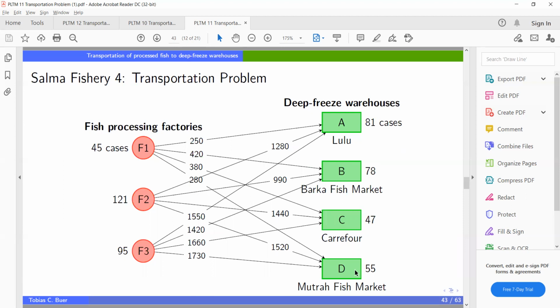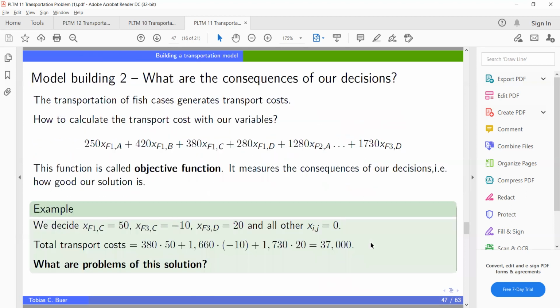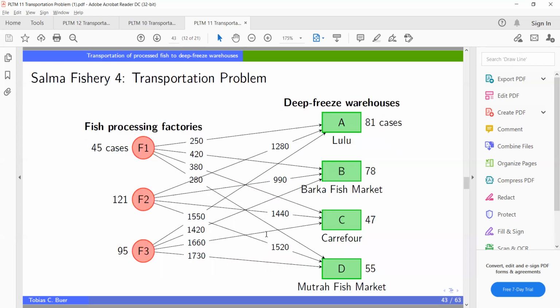However, what might become a problem: we transport 50 units to warehouse number C and 20 units to warehouse number D. So that means in warehouse number D, we transported only 20 units, but D requires 55 units. So we do not fulfill the complete demand.